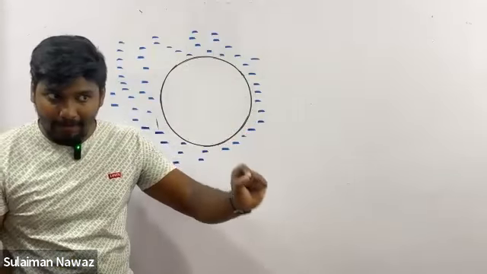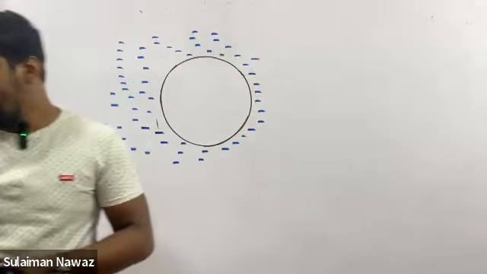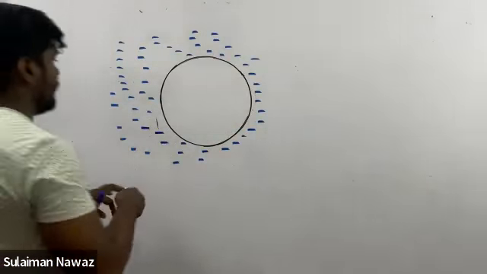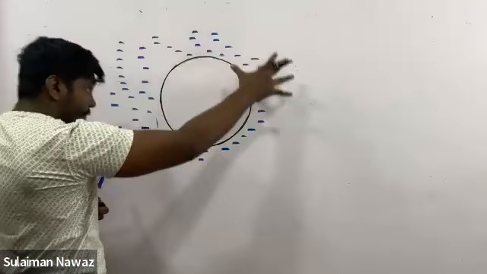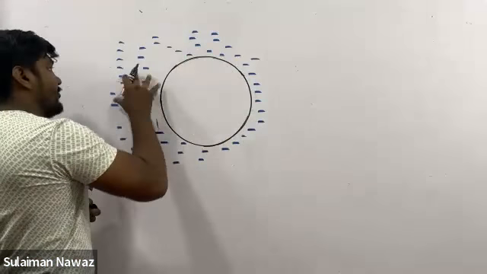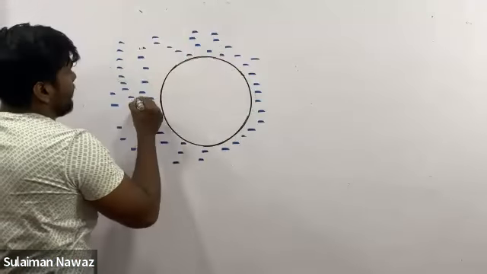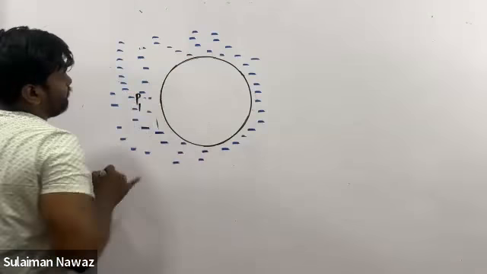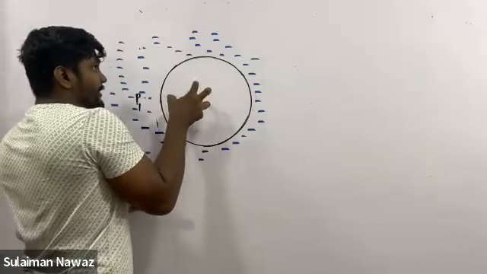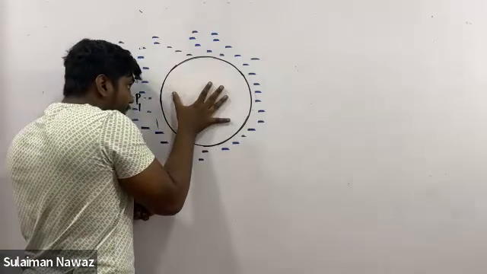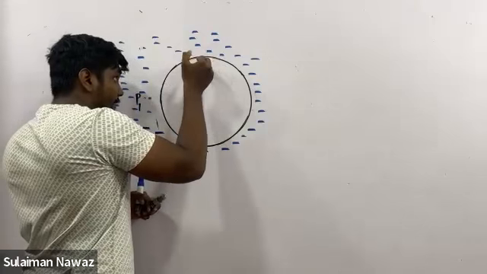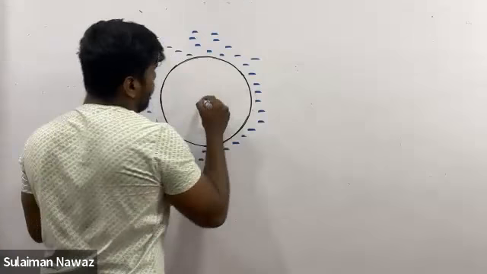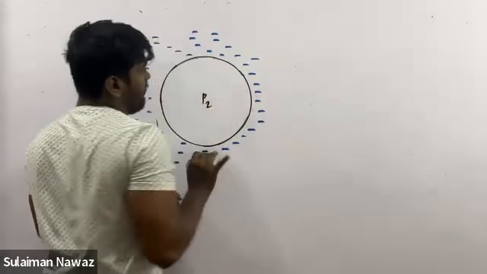Say the pressure at any point in the liquid is P1, and the pressure at any point inside the air bubble is P2.